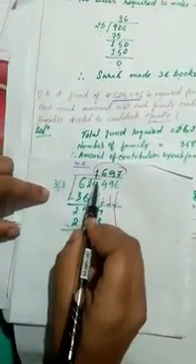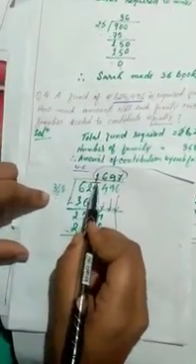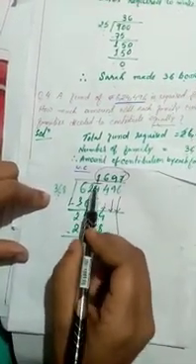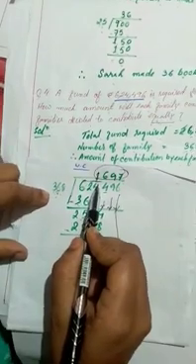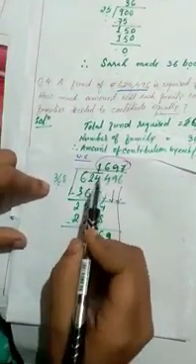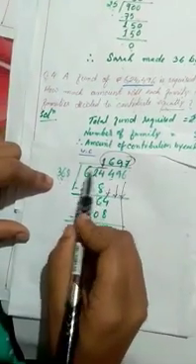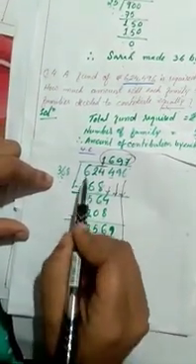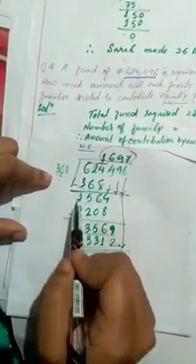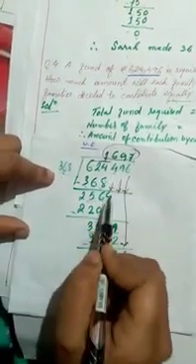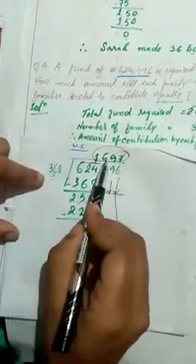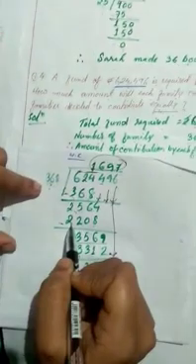So after subtracting 4, we have 14. 1 we have to borrow here, so 14 minus 8 is 6, then 11 minus 6 is 5, then 5 minus 3 is 2, so 256, and 4 we have to bring down here. So now we can see 368 6 times is 2208.